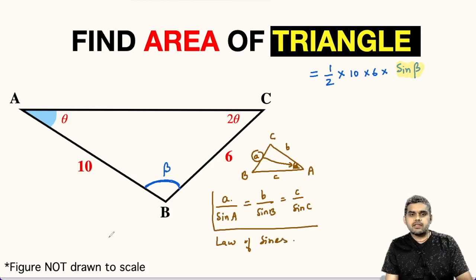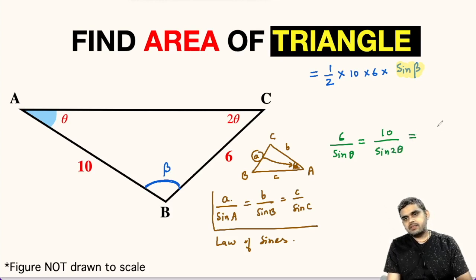This is called law of sines. So let us apply law of sines in triangle ABC, which is given in the figure. So this will give us 6 divided by sine theta, opposite to 6 is theta or A, is equal to 10, opposite to 10 is 2 theta, so we can write 10 divided by sine of 2 theta.